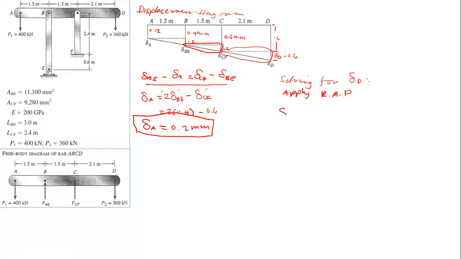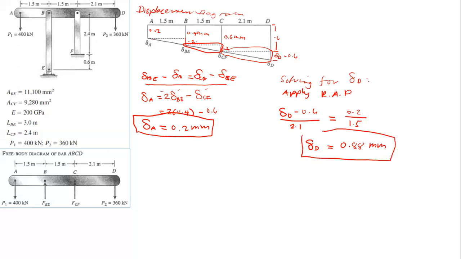Delta D minus 0.6 over 2.1 is equal to the other triangle's 0.2 divided by 1.5. If we shift terms and solve by algebra, we compute directly delta D, which is 0.88 millimeters. Okay? So this is how we compute the problem in this situation.